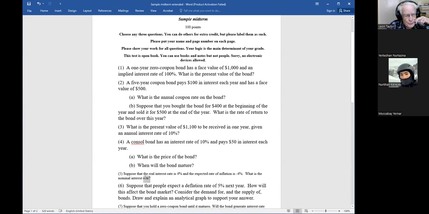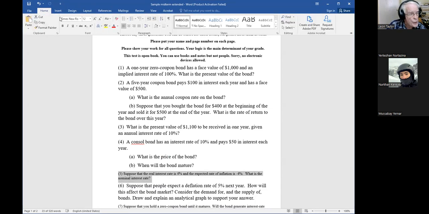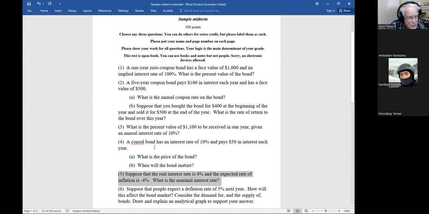So that leaves us with questions 5 and 6. This, by the way, is another question about deflation.